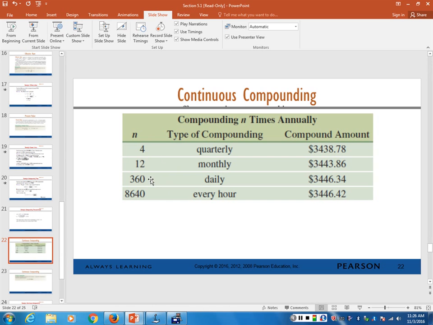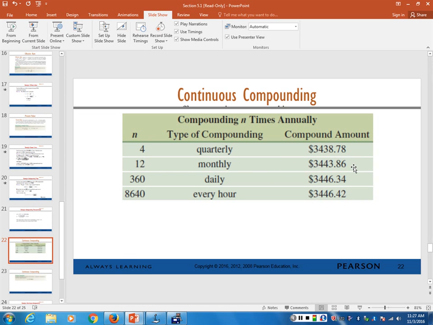You would think it would make a huge difference. If you compounded every hour, now look at the amounts here. Quarterly, we got 3438.78. Monthly, for whatever we deposited at whatever interest rate, if we compounded at that same interest rate that compounded monthly, we only get what? $5 and change more?